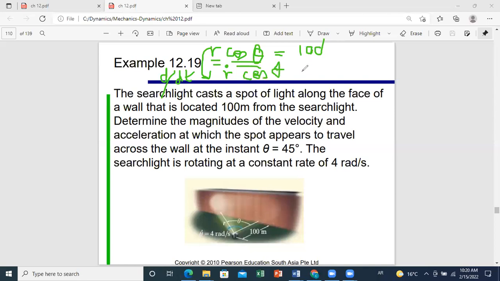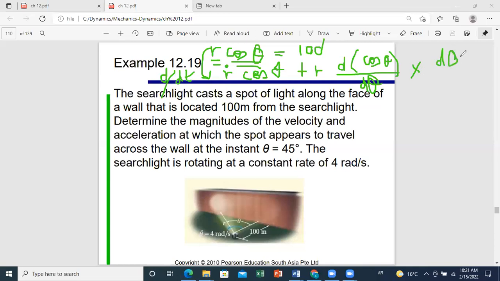plus now u v prime, so plus r times. Now we want to derive cosine theta with respect to time, but since cosine theta is a function of theta, then we use the chain rule. We say, let us derive first cosine theta with respect to theta, and then multiply by d theta by dt in order to have the derivative with respect to time.